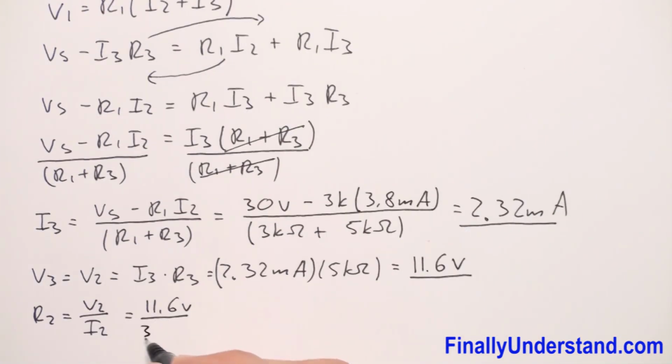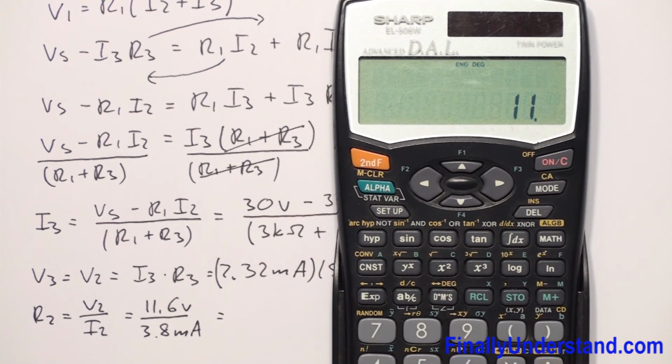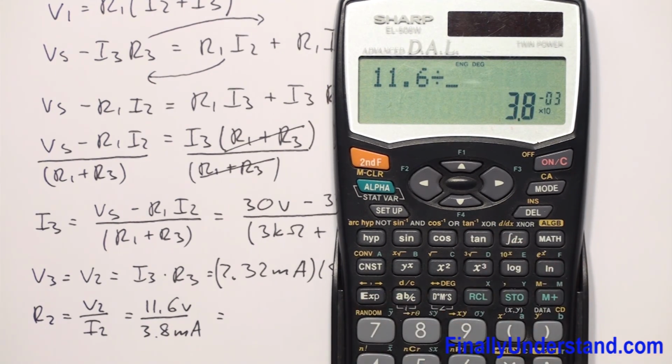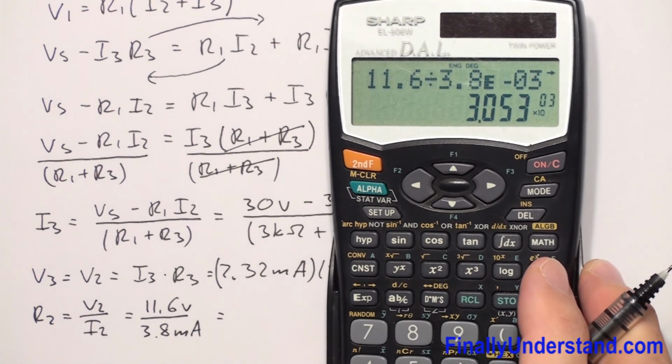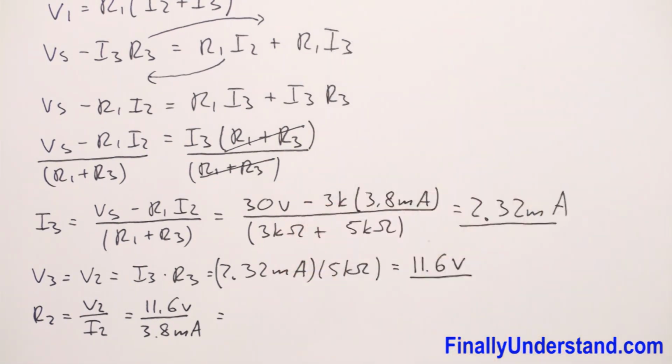This is equal to 11.6 divided by 3.8 exponent negative 3, which is equal to 3.05 kilo ohms, which we can say is approximately 3 kilo ohms. We found R2 and we can say that the problem is solved.